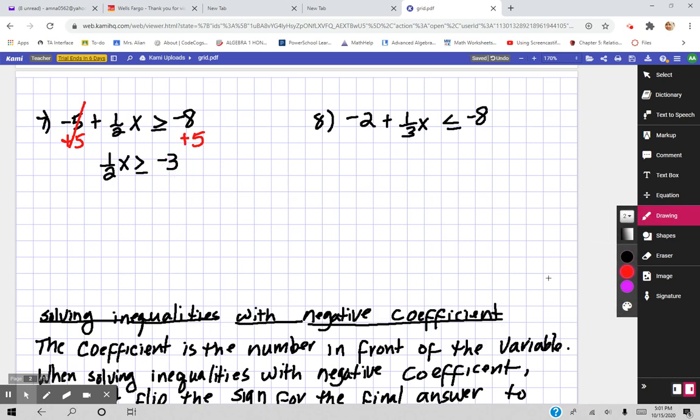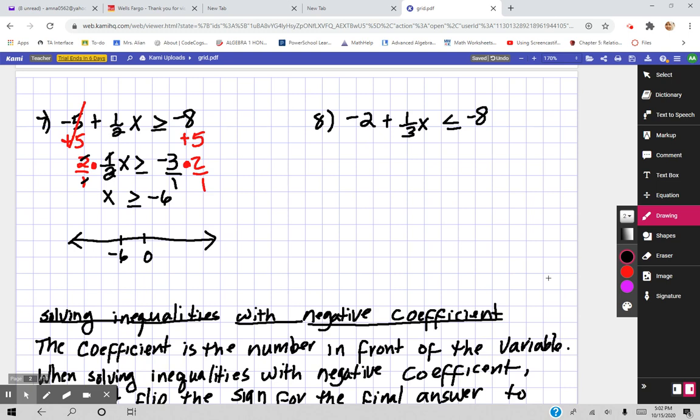Multiply both sides by the reciprocal so we can get x all by itself. The 1s will cancel, the 2s will cancel, giving us x is greater than or equal to -6. And we will graph the solution set. We know negative is going to be on the left side of 0, so we'll mark it over here.